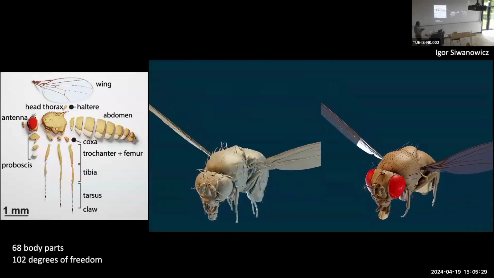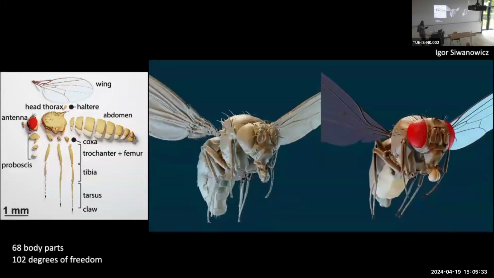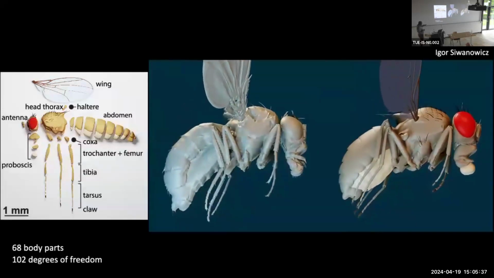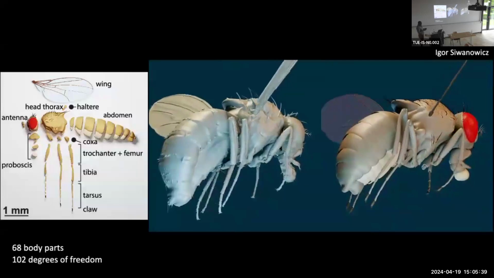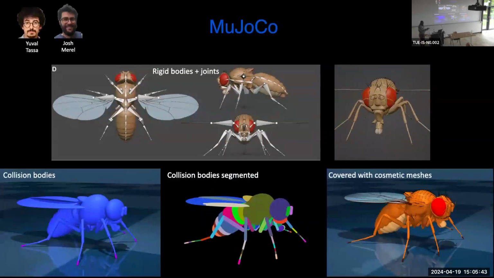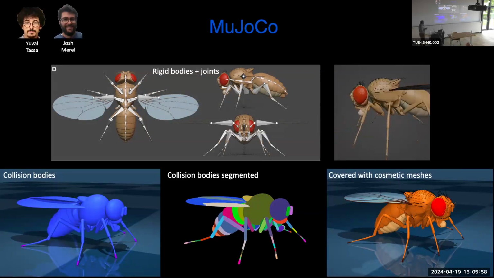He put them together in Blender to build a model of the geometry of the body, which has 68 body parts that look like this, and 102 degrees of freedom. We then passed this off to our colleagues at Google DeepMind, who brought it into the MuJoCo physics engine, which allows us to bring this body to life by putting actuators and sensors into this model.